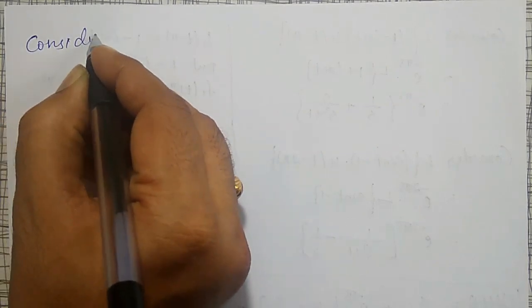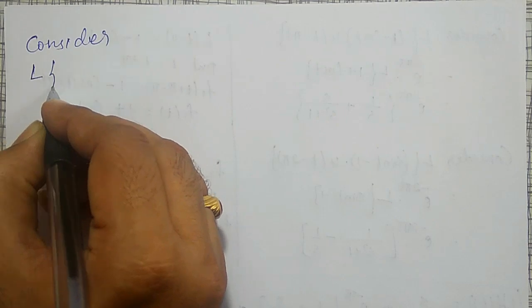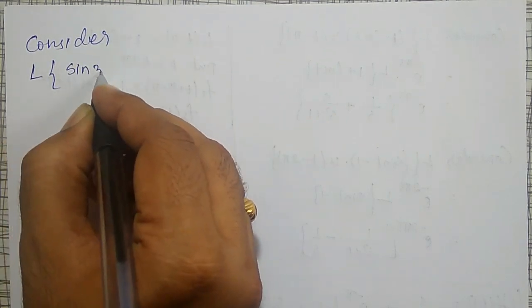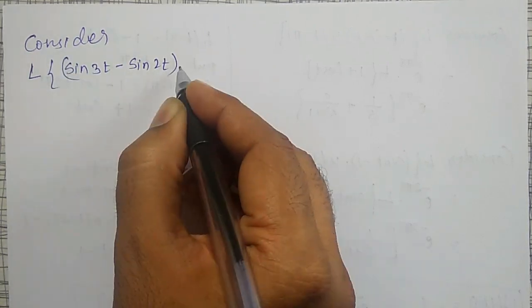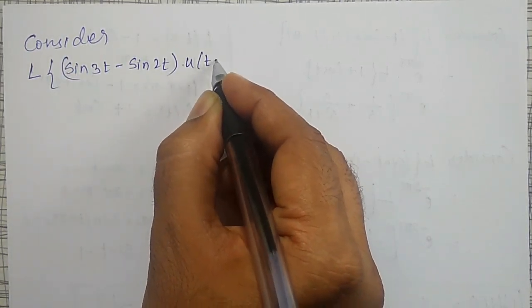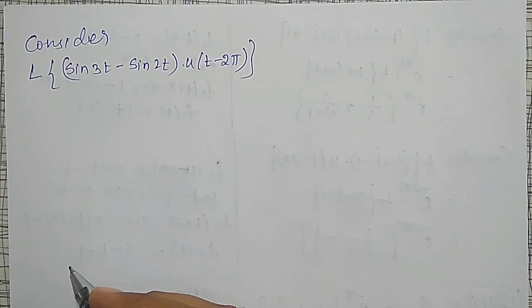Next, consider the second function. Consider Laplace transform of sin 3t minus sin 2t into u of t minus 2 pi. This one I have to find out its Laplace transform.